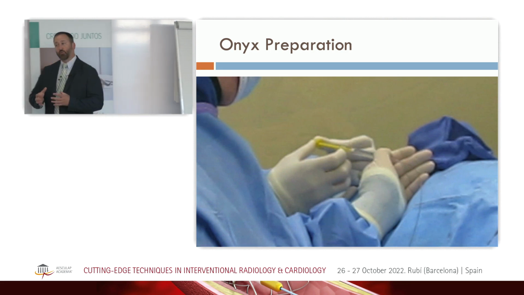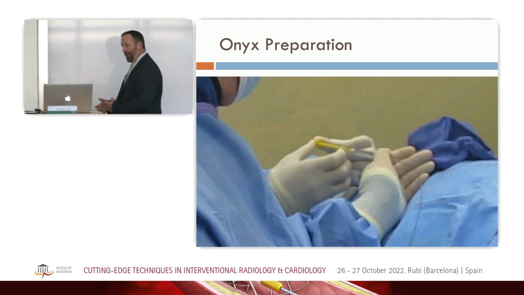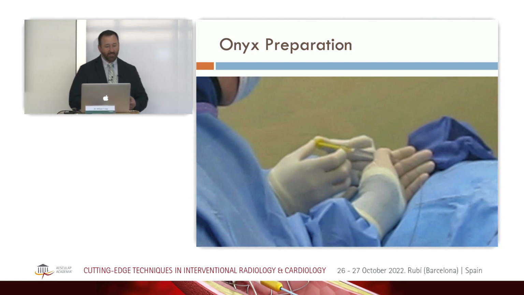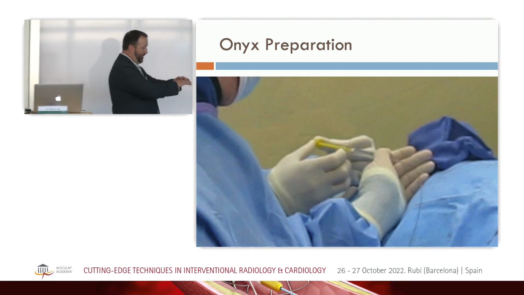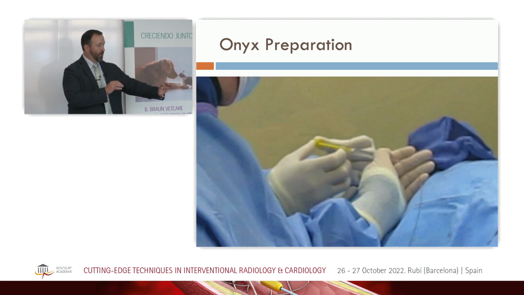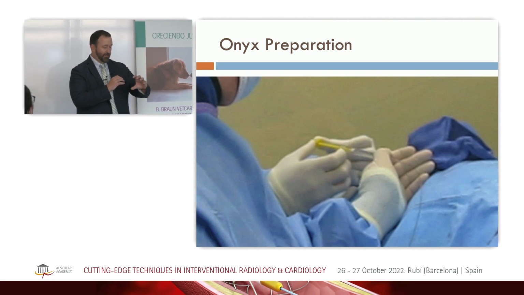The reason why it's such a cool product, and why they use it for brain AVMs in humans so commonly, is that as you inject it, it fills the edges of the vessel but leaves the center open. So as you inject it, you can actually watch it growing. This is another reason why they call it lava. It looks like lava flowing through the blood vessels because it fills the edges so you can see it.